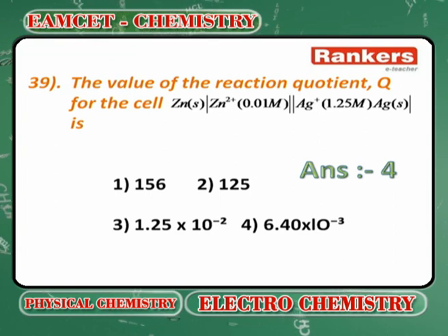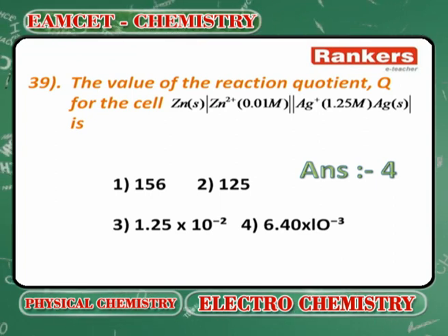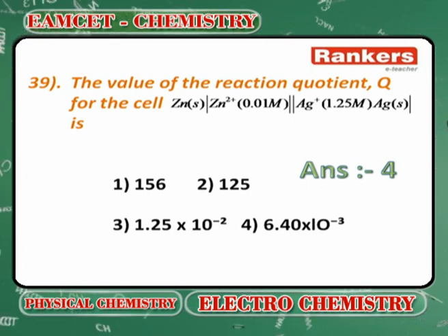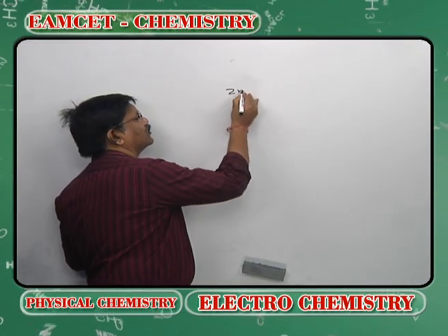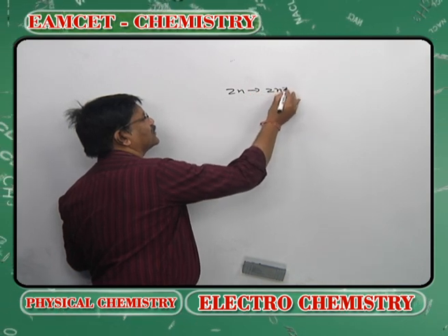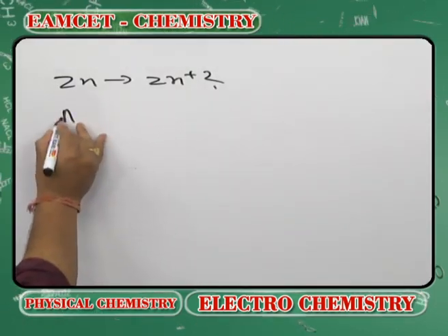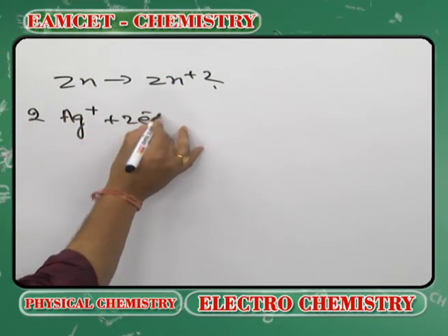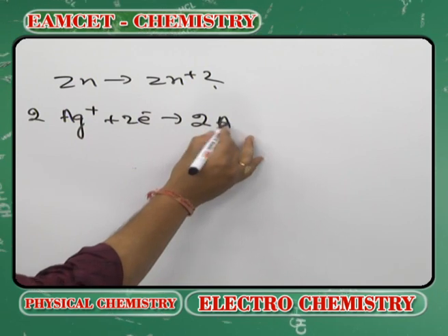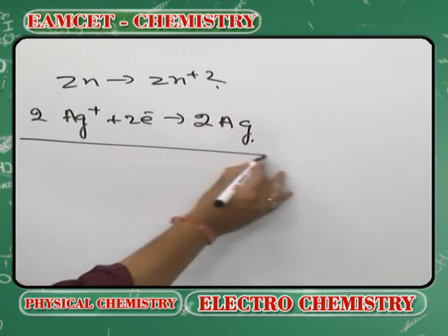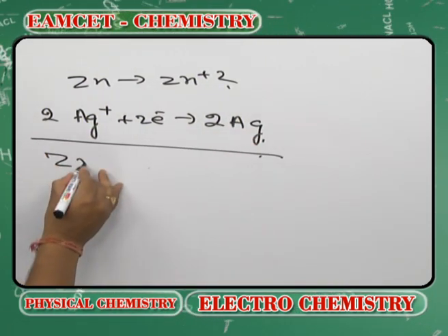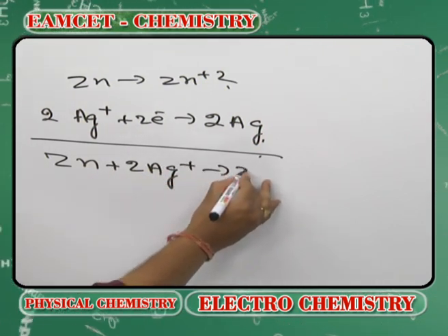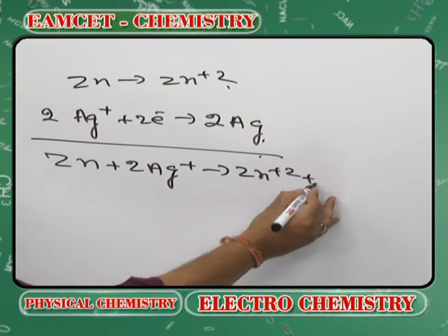The value of the reaction coefficient in the given reaction. What is the reaction there? At anode, Zn gives Zn plus 2. At cathode, 2Ag plus 2 electrons gives 2Ag. Therefore, the reaction is Zn plus 2Ag plus gives Zn plus 2 plus 2Ag.